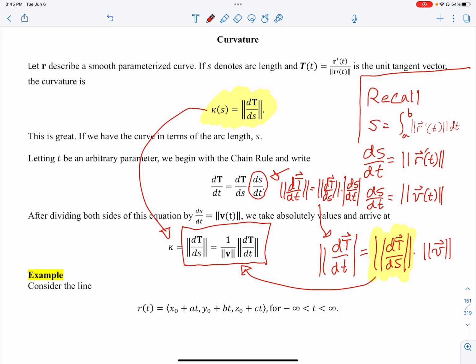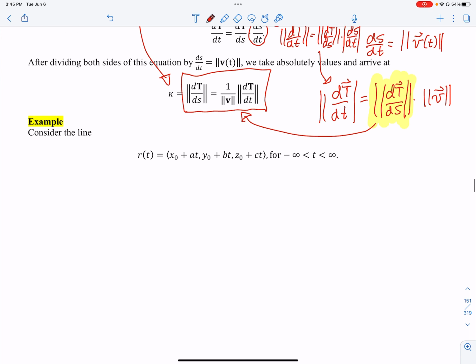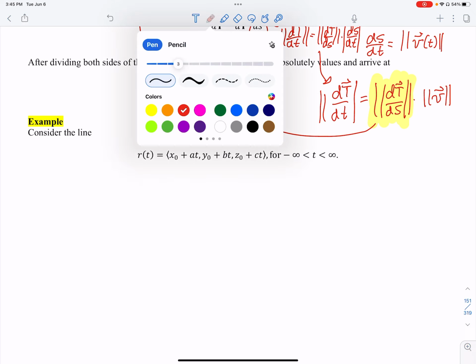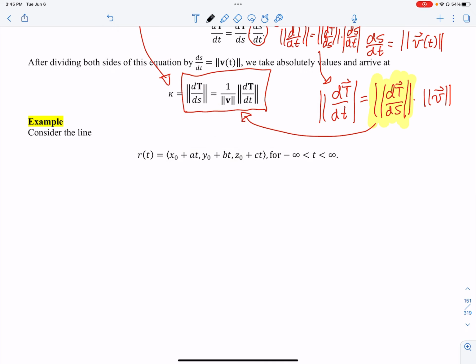All right, so let's try to find, I didn't write the directions for this, but I will write it. Consider this line, and then I will type these into your notes, but I'm going to write them here. Show that kappa is equal to 0 at all points on the line.